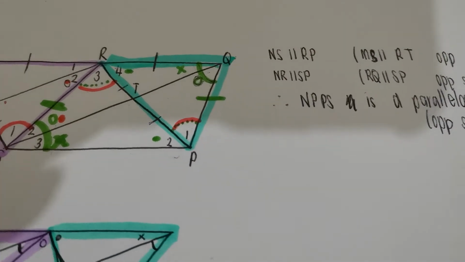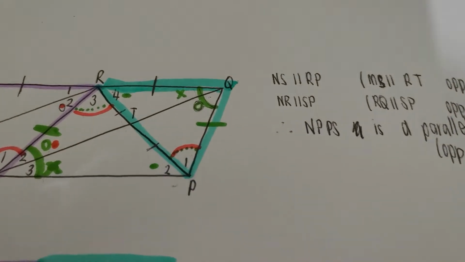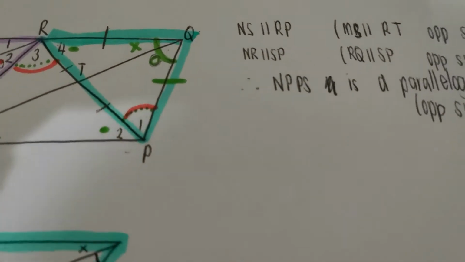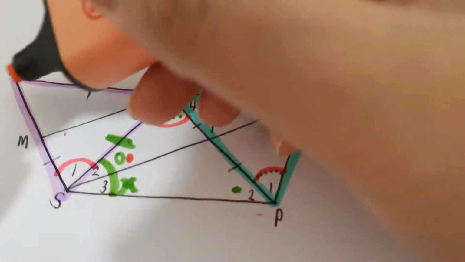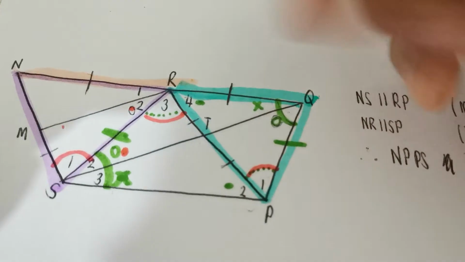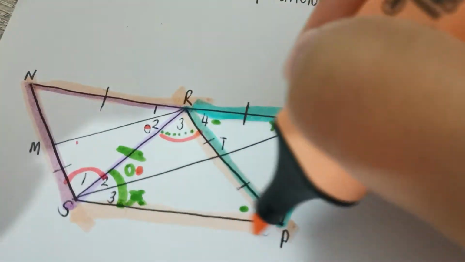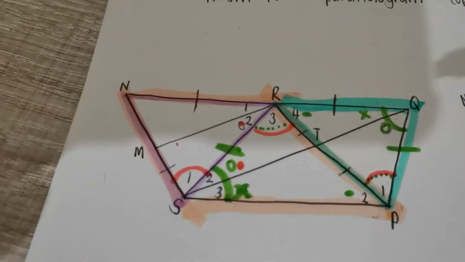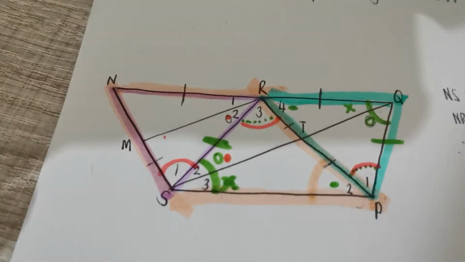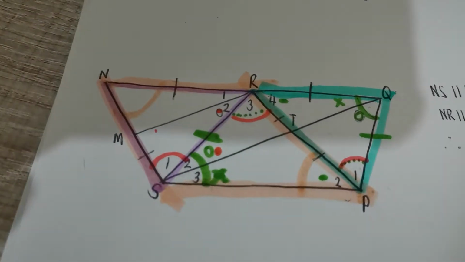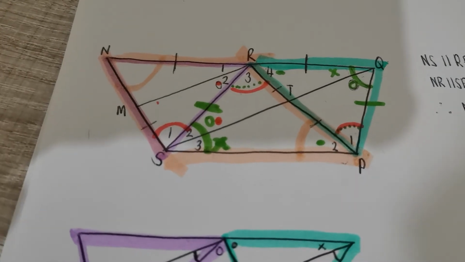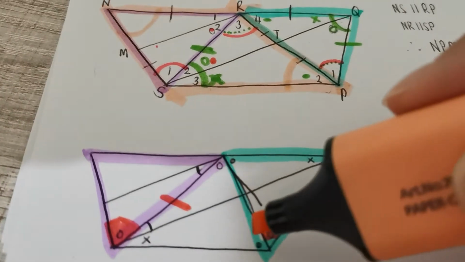So if this one's a parallelogram, now let me highlight it in a color. This part here is a parallelogram. That makes this whole angle equal to this whole angle, isn't it? So let's follow that in over here.